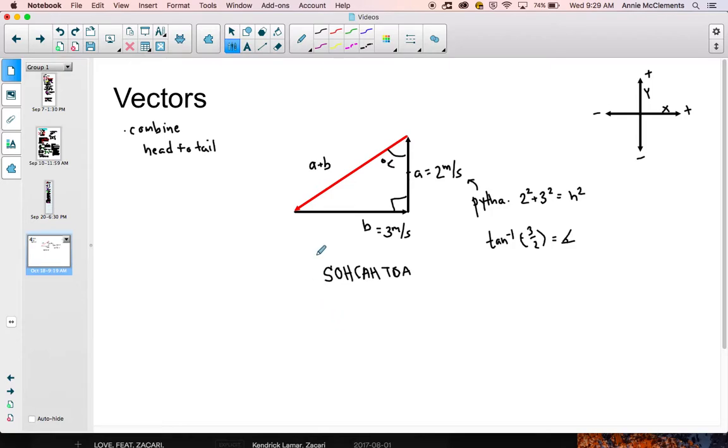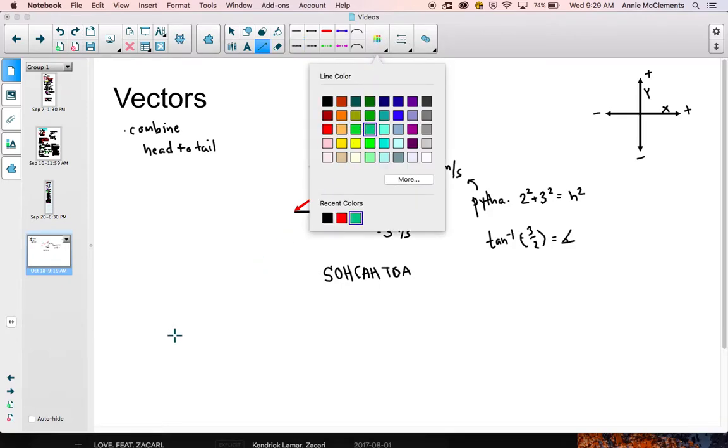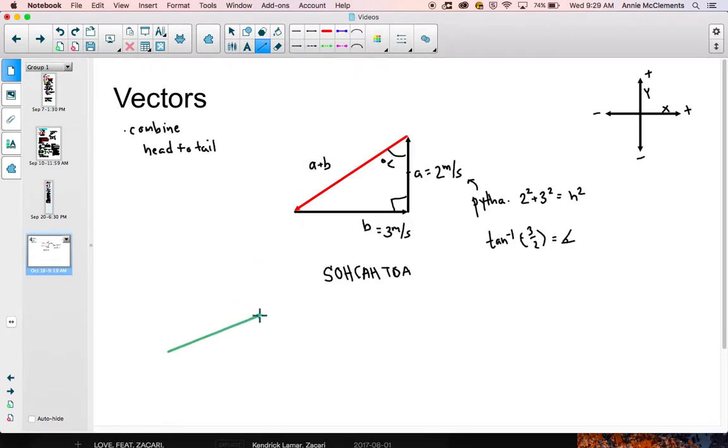Say we were given this vector, some direction. Here's our vector. And the question was, what are the vertical and horizontal parts of this vector? What's making it up? In a sense, what two vectors are combined to create this?